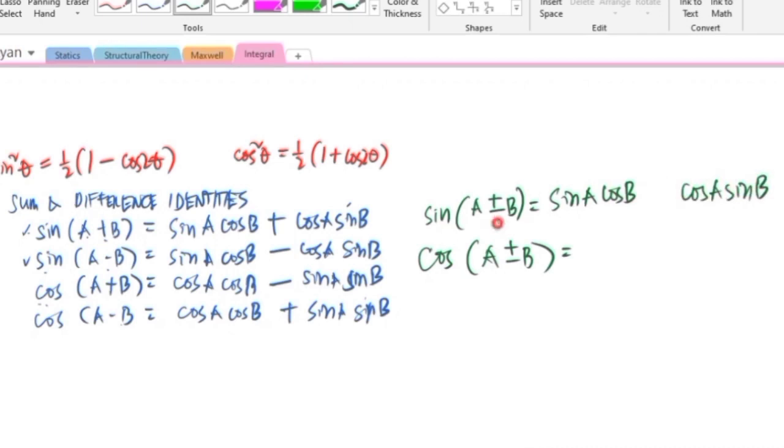And I just copy the sign. So, that's plus and minus. And for the cosine, I have the cos, cos, sin, sin.